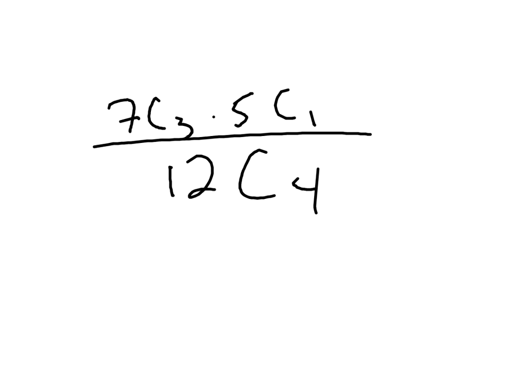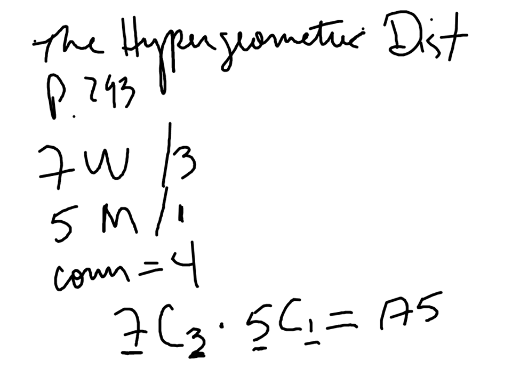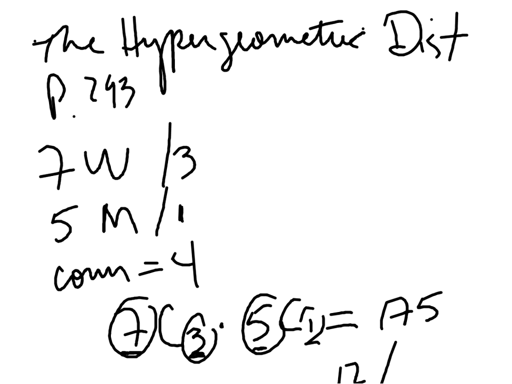That's the total number of ways that you can choose 4 people, in this case, from 12. And as I mentioned, notice that this 7 and this 5 add to 12, and this 3 and this 1 add to 4. So if we have the numerator, we can always come up with a denominator.